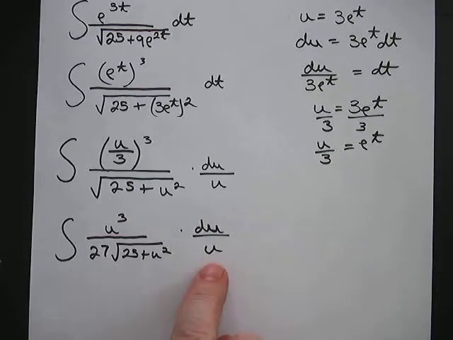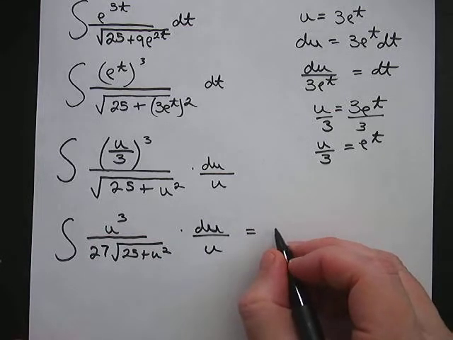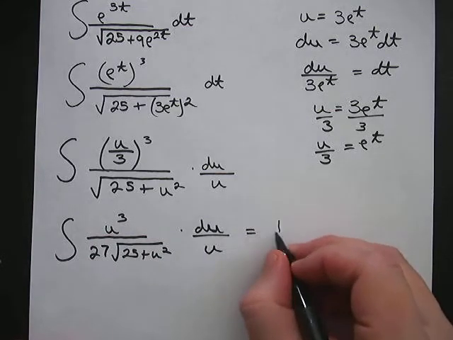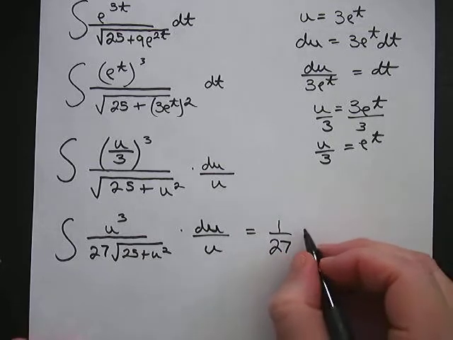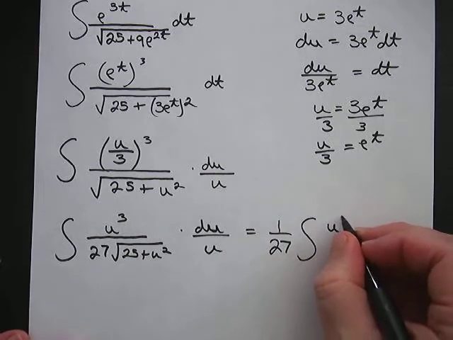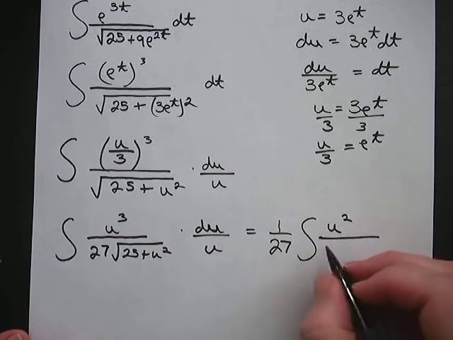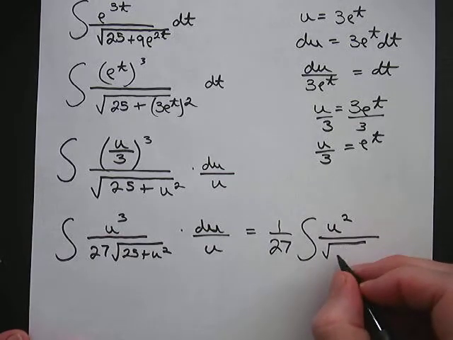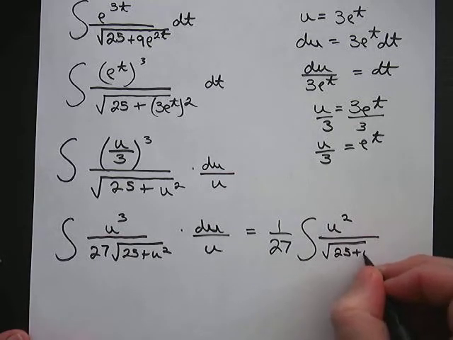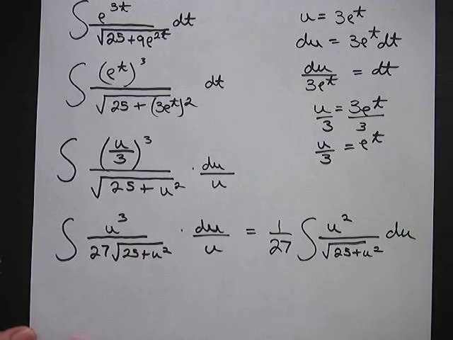All right, when you do that, this u and this u reduce to give you, let's bring the 1 over 27 out, 1 over 27 times u squared over square root of 25 plus u squared du.